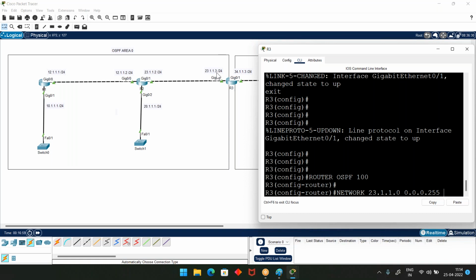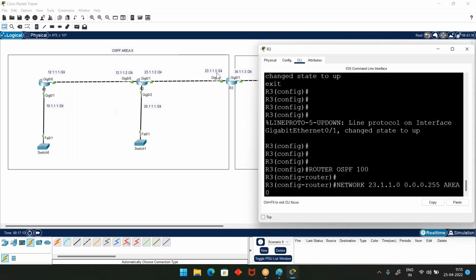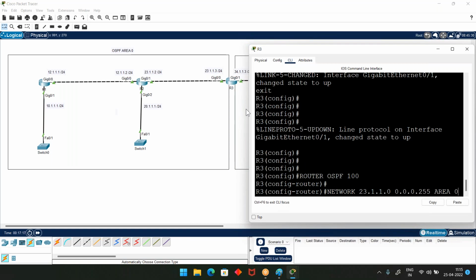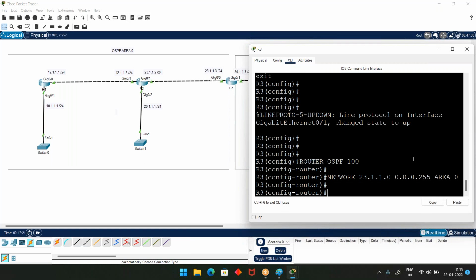Can you please tell me, all of you? Area 0 only. Then simply press enter.